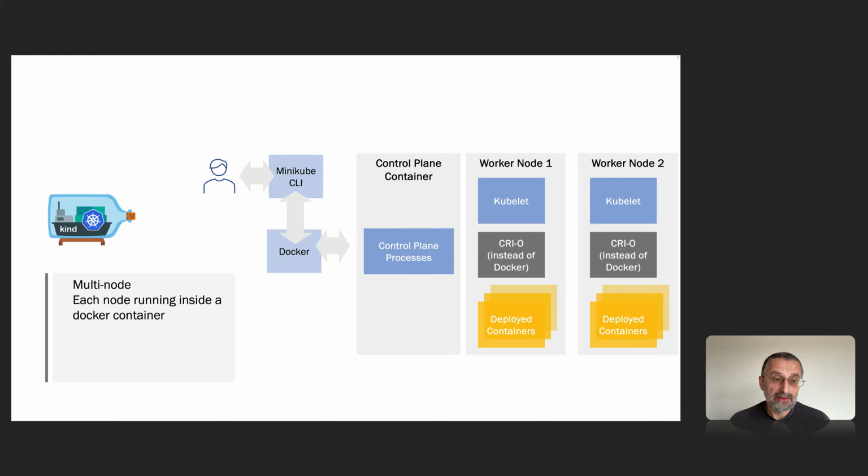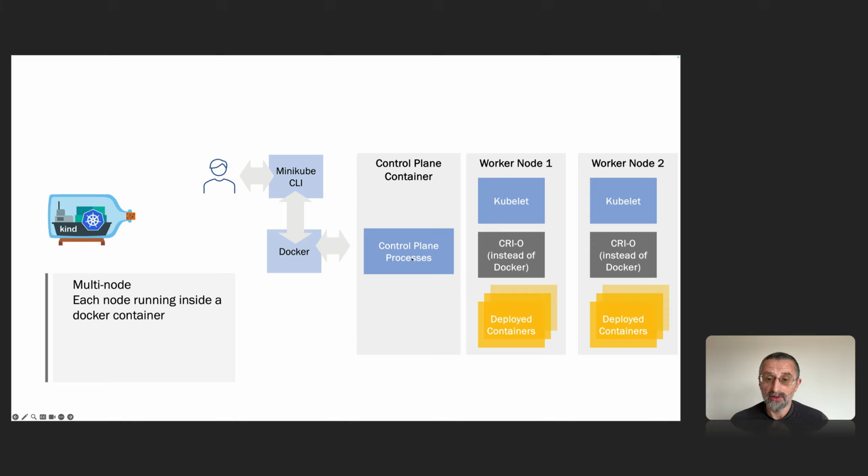There is also a multi-node distribution, kind Kubernetes. This is multi-node, with each node running inside a Docker container, so it's a bit more sophisticated. So you have a kind command line interface. You have Docker running, and each node will run inside a Docker container.